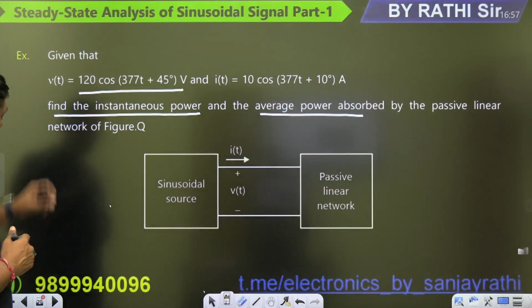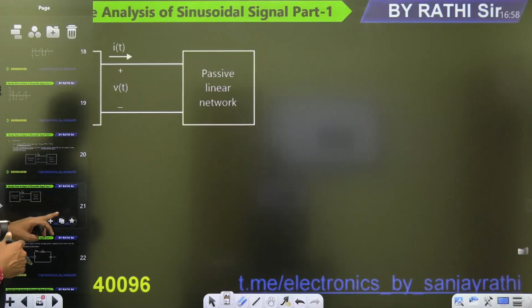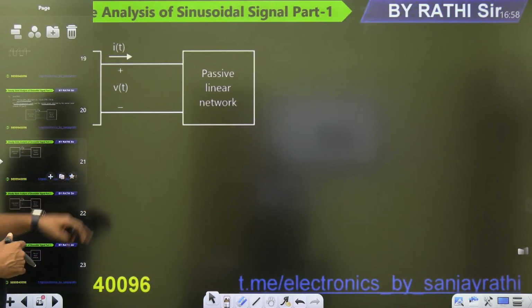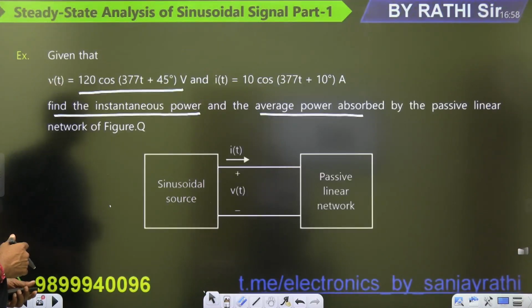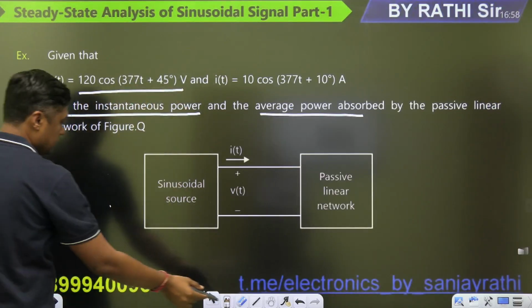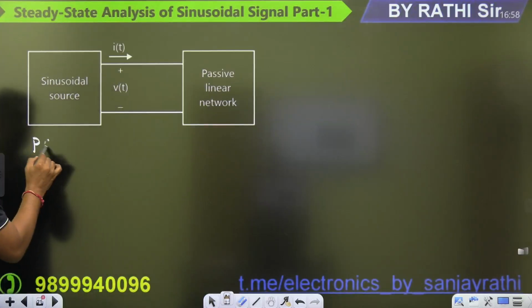Now there are two signals. If you want the instantaneous power, you have to multiply these two signals. So directly you can multiply for instantaneous power. Remember what instantaneous power means?